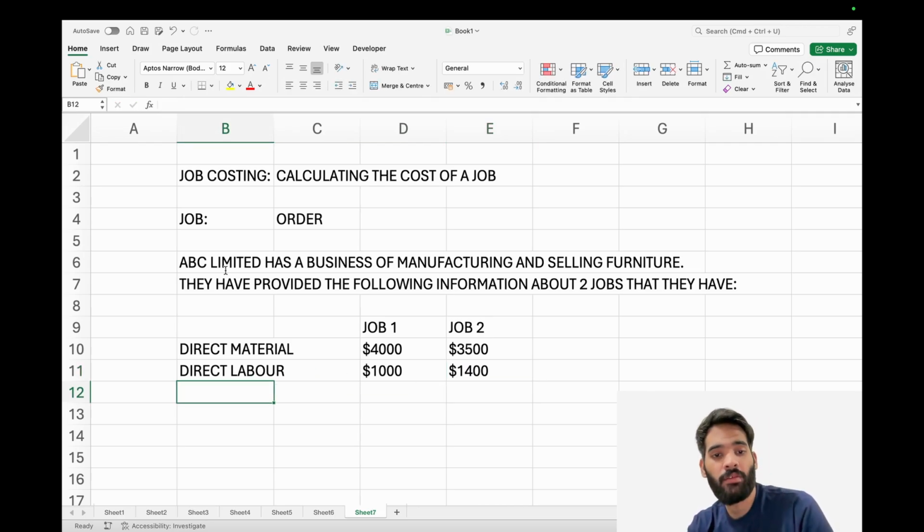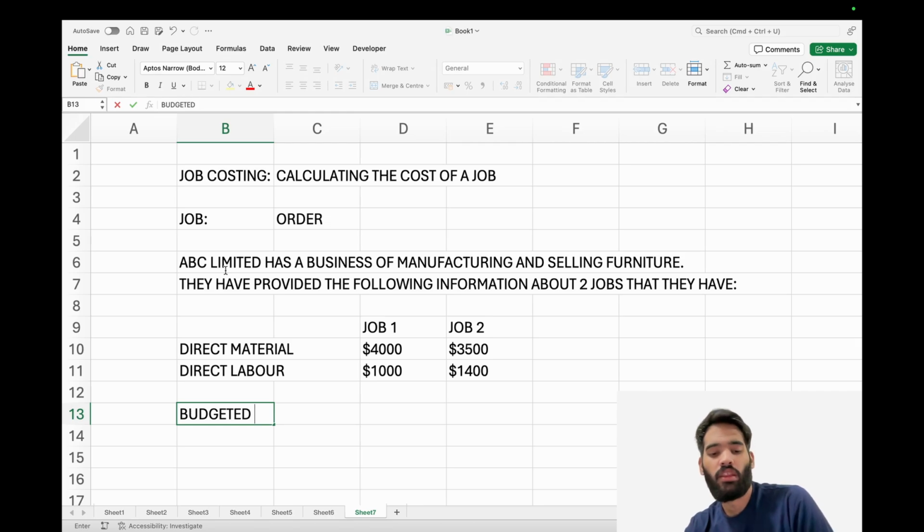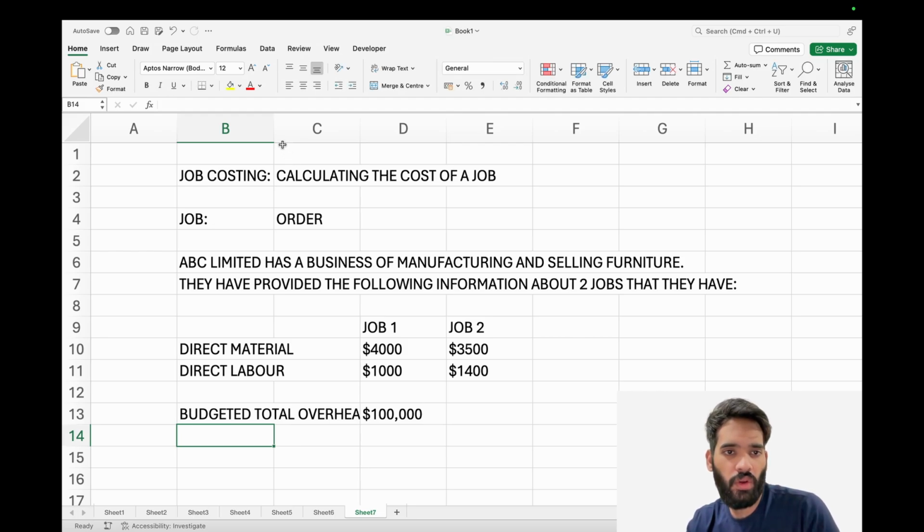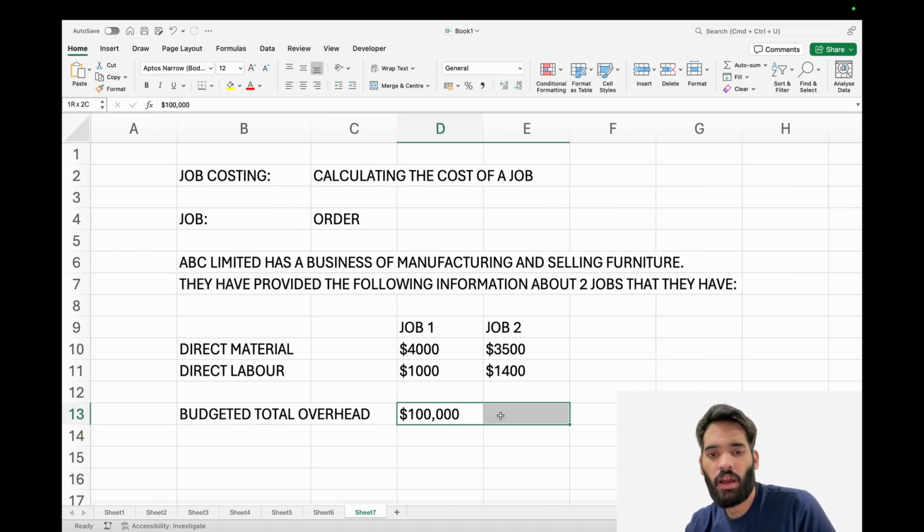But we will not be provided the manufacturing overhead. That is the part we have to master: how to find the overhead of any costing system. So the question will give this type of data. Budgeted total overhead will be given. Let's assume for the full year, the furniture shop is estimating overhead to be $100,000.